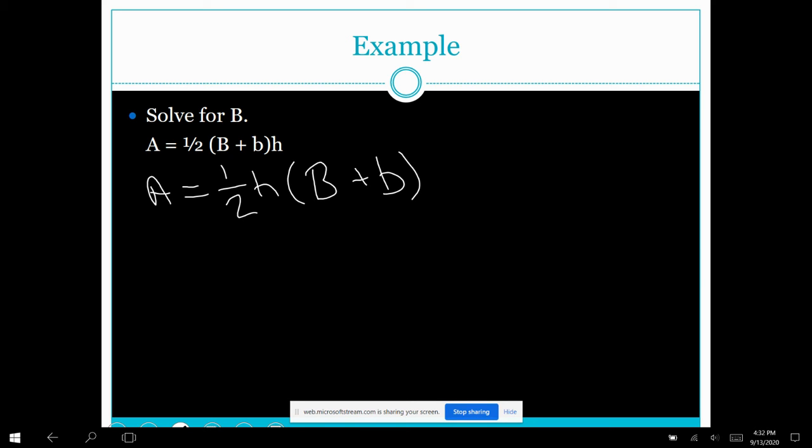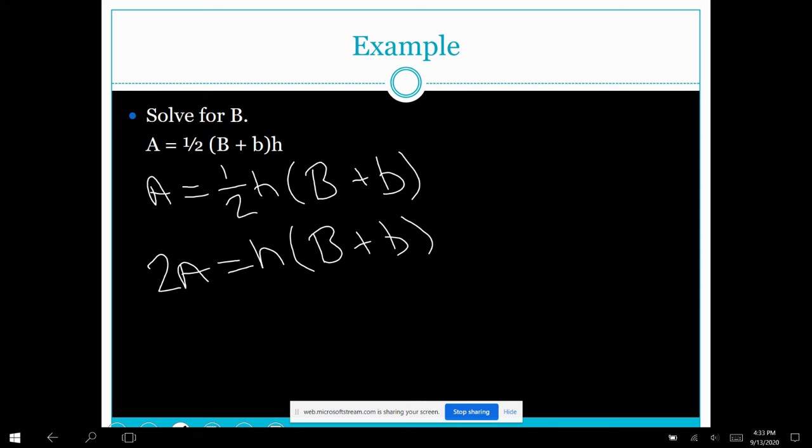The first thing I would do in this problem is get rid of that 1/2. The way I would get rid of that 1/2 is by multiplying both sides of the equation by 2. So now I'm left with 2A equals h times B plus little b.